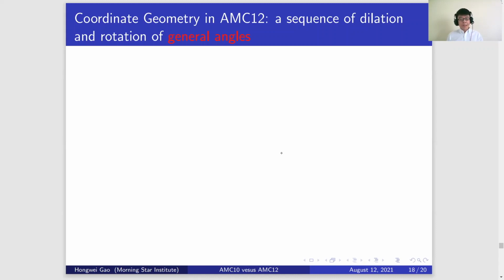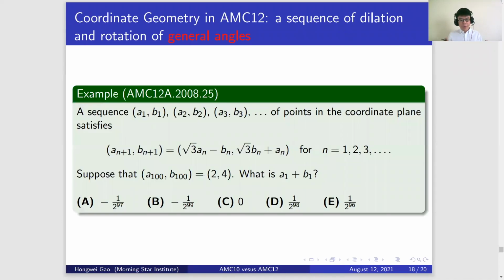In particular, the angle of rotation can be any value. Sometimes it is even composited with additional operations like dilation. One example is here. We have a sequence of points in the coordinate plane defined recursively. The recurrence relation here is based on a rotation of 30 degrees as well as a dilation.